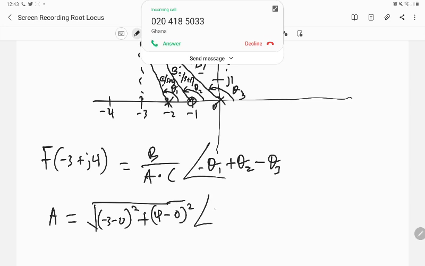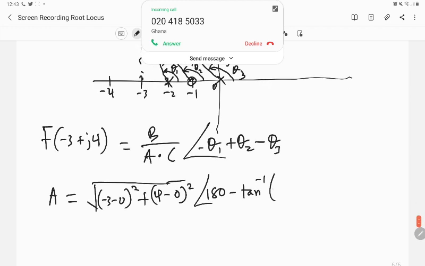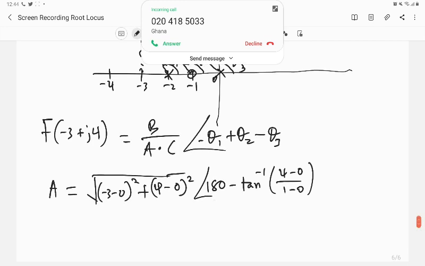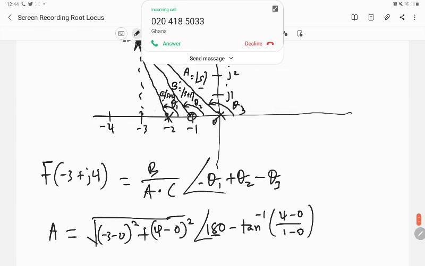And then the angle will be 180 minus tan inverse of 4 minus 0 over 1 minus 0. We are using 180 minus because we are actually finding this small angle here, and then we subtract that one from 180 to get our angle theta 3.